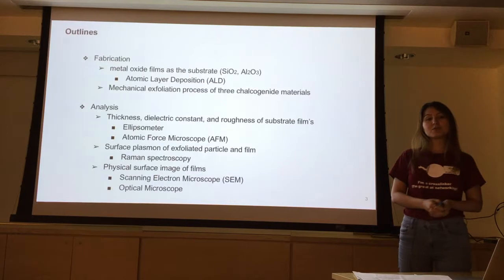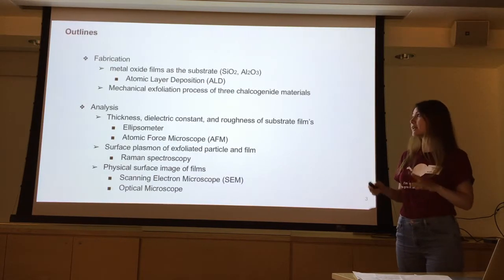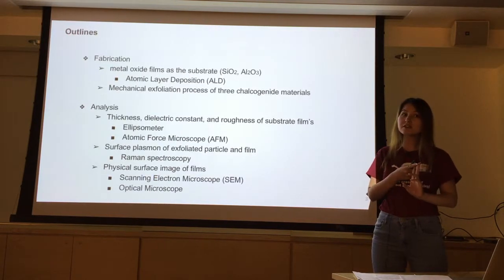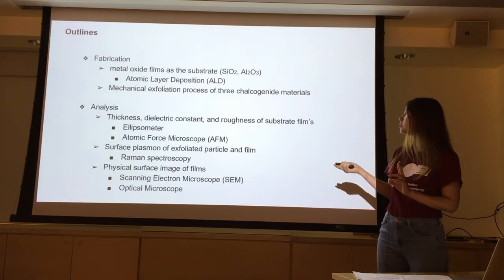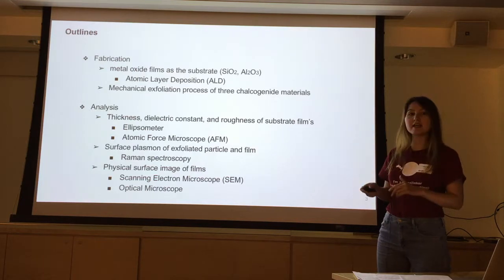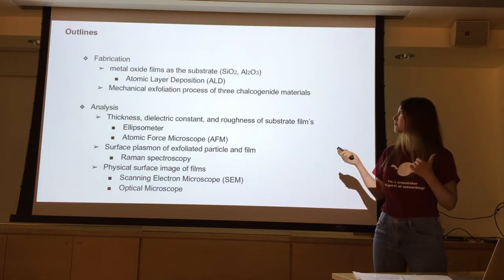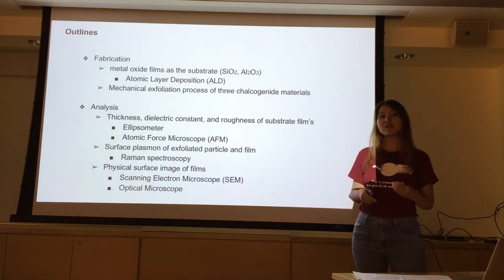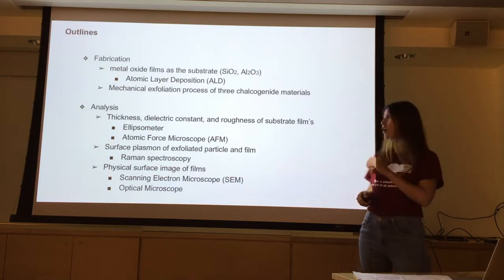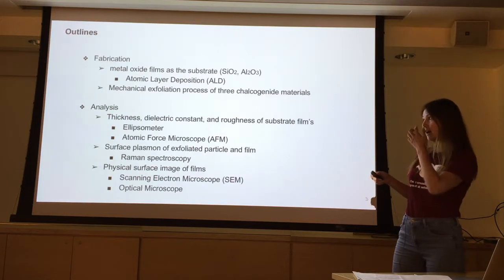In the fabrication part, first, I create two different metal oxides as substrates, which are silicon dioxide and aluminum oxide, with atomic layer deposition, and then do mechanical exfoliation of the chalcogenide material onto them.